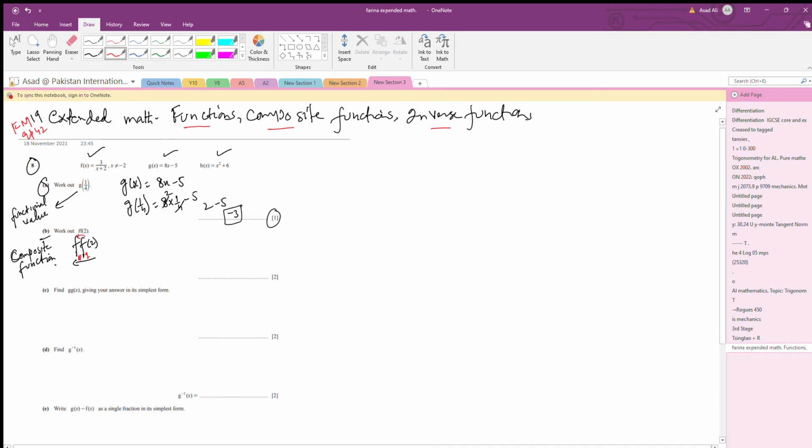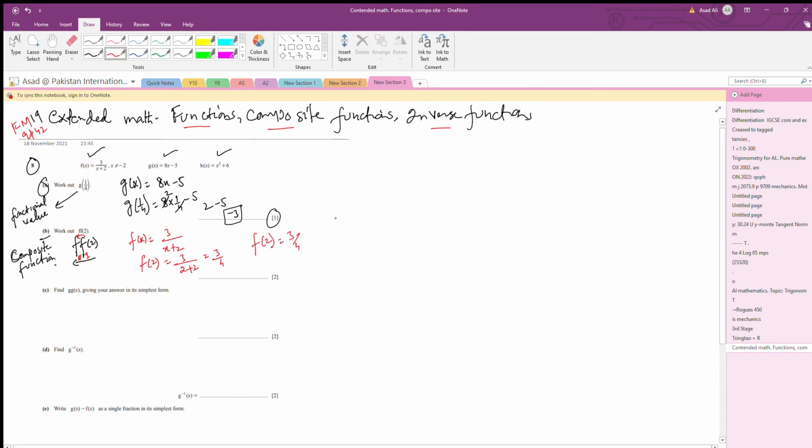First get the value of f of 2. f of x is 3 over x plus 2, so f of 2 will be 3 over 2 plus 2, which is 3 upon 4. So f of 2 is 3 upon 4.